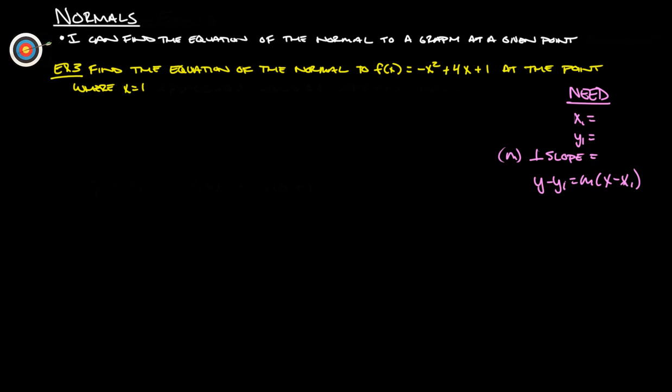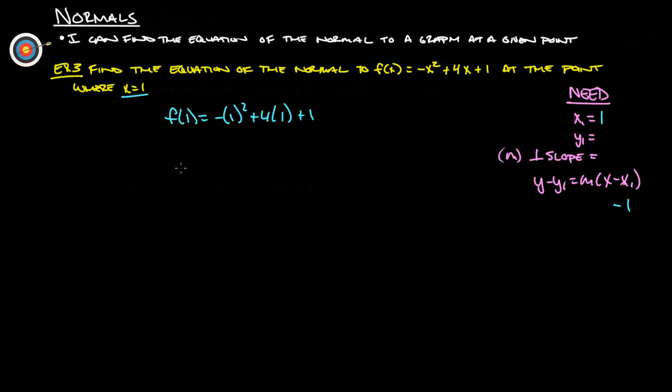So let's do this. We need the x, and they give us the x. X equals x sub 1, so our x value is going to be 1. To find the y, whenever we want to find the y, always plug it into the original equation. So f of 1 equals negative 1 squared plus 4 times 1 plus 1.